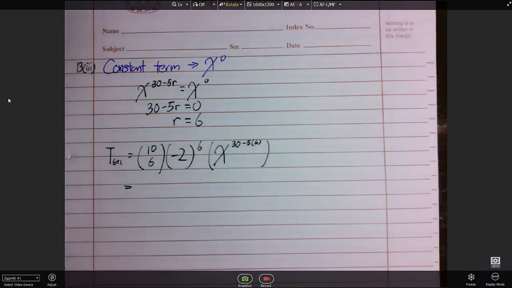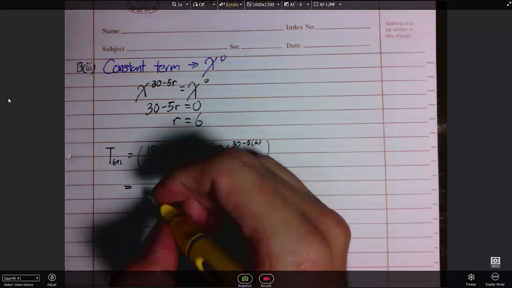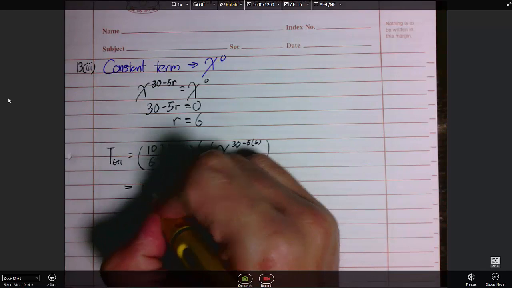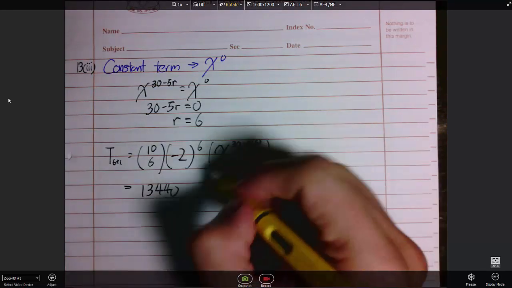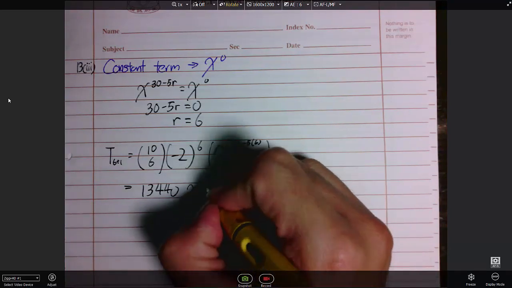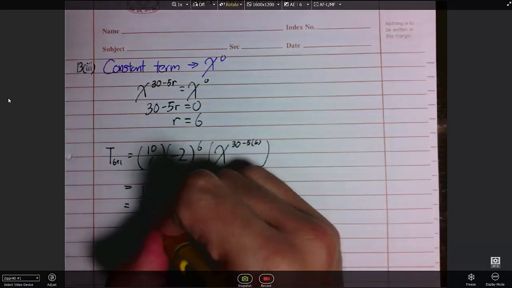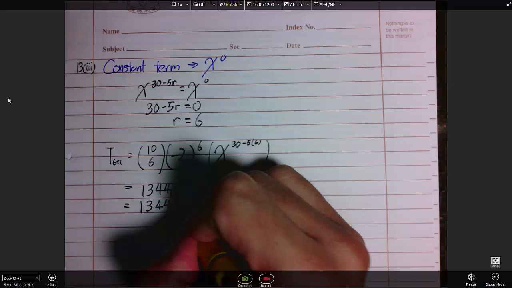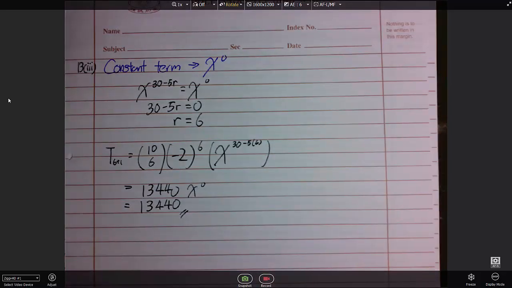If you key everything into your calculator, you will get 13440. x to the power of 30 minus 30 is x to the power of 0, so you get a constant term, which is simply 13440. And that concludes question 13.